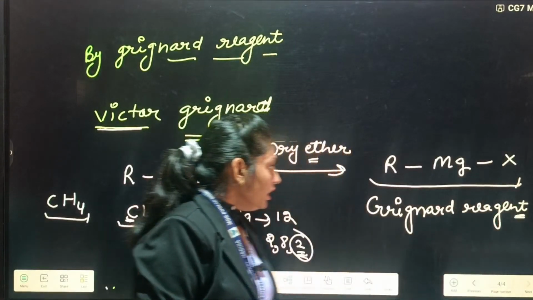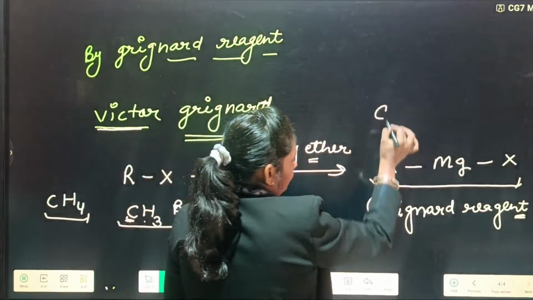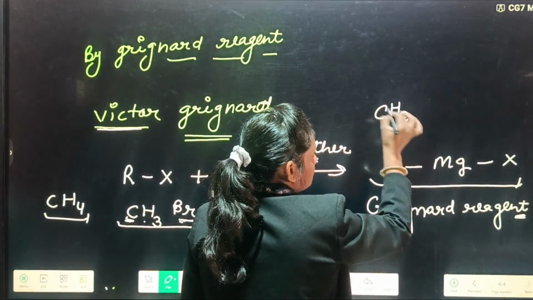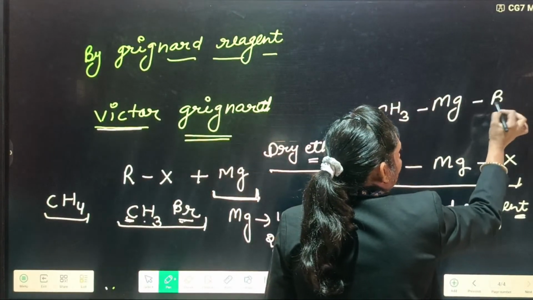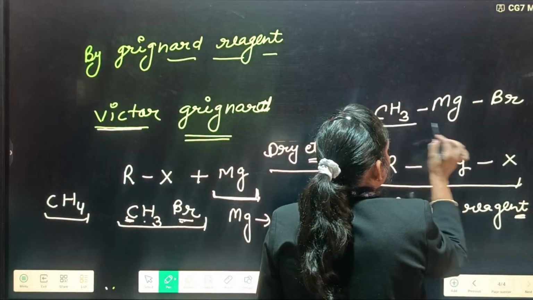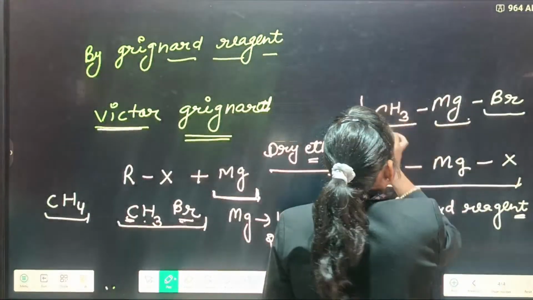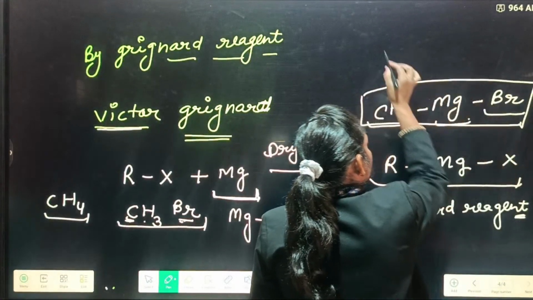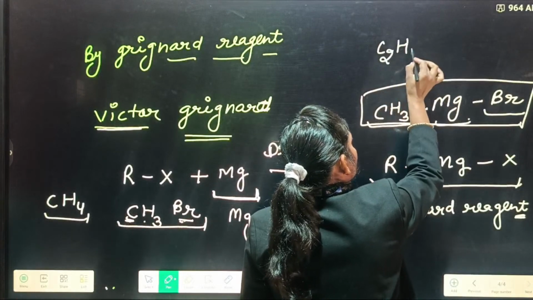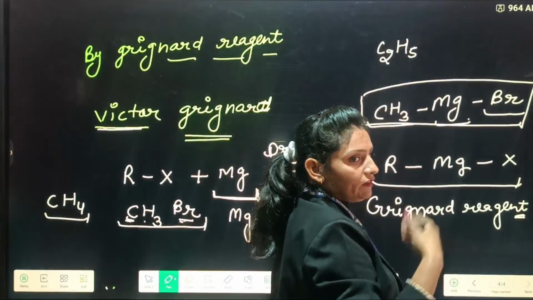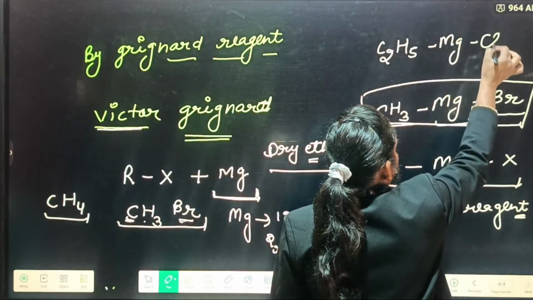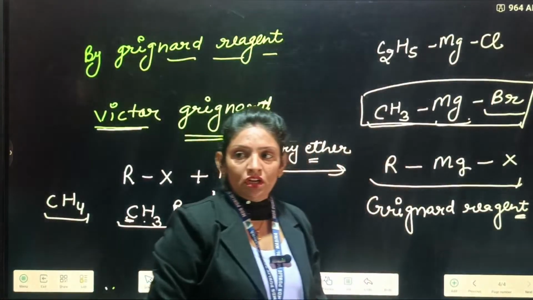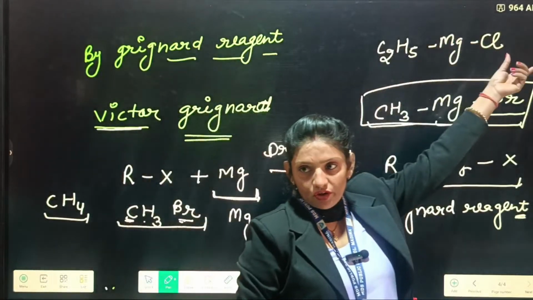If the alkyl group is CH3, Mg, and the halide is bromine, then methyl magnesium bromide is also a Grignard reagent. The alkyl group you can take as C2H5, with magnesium and chlorine, then ethyl magnesium chloride.